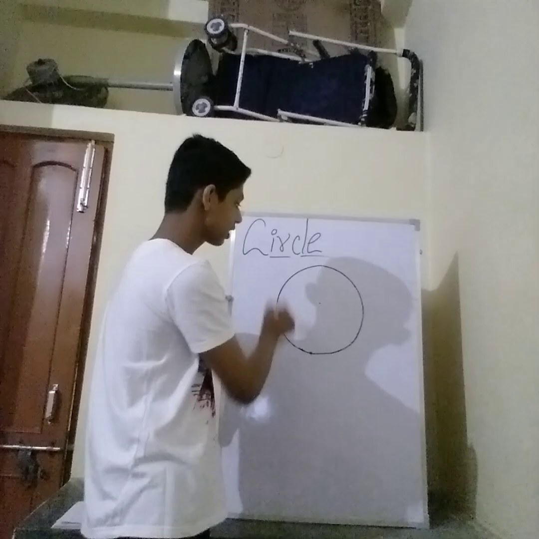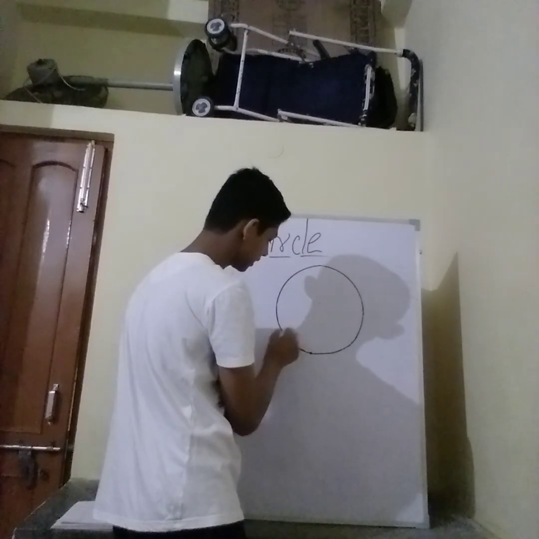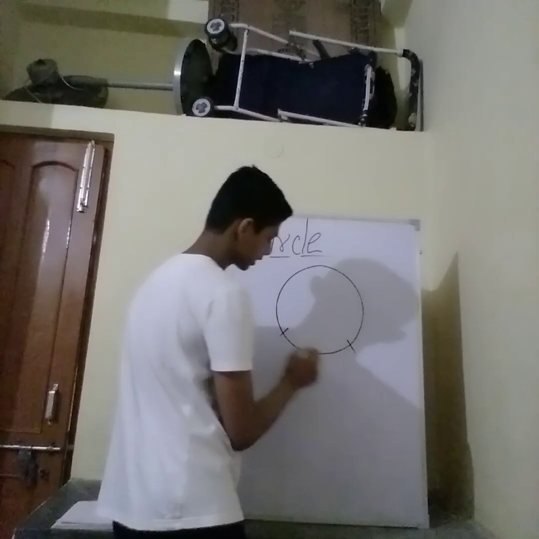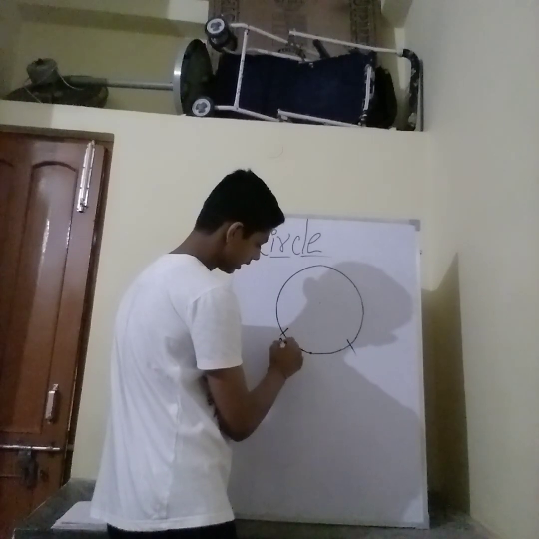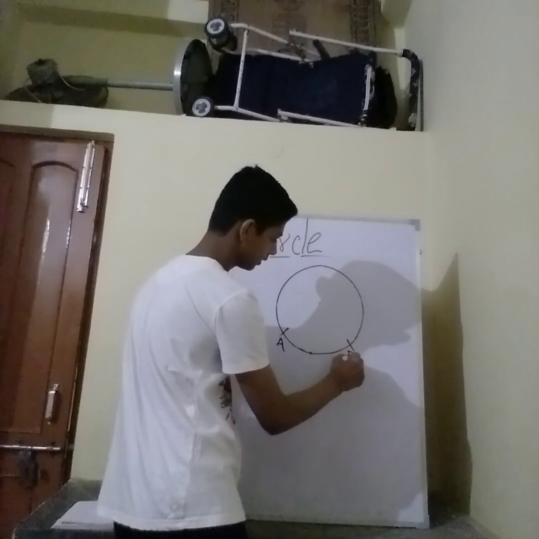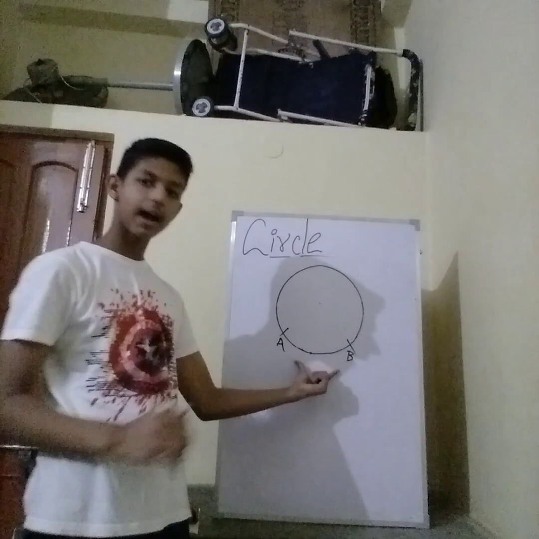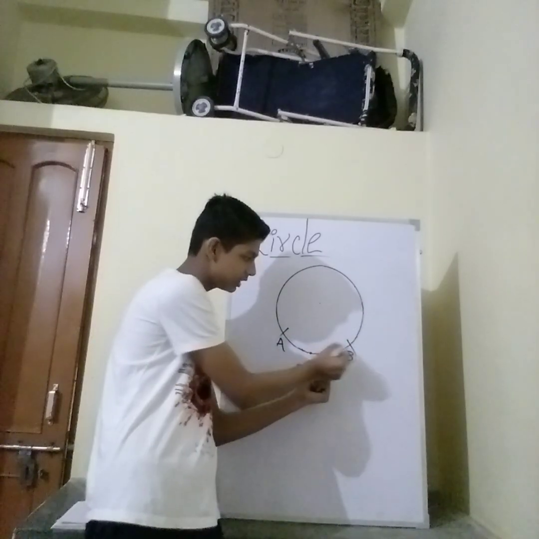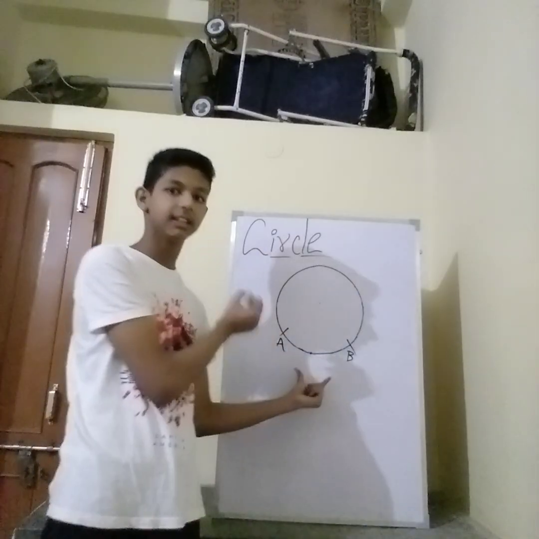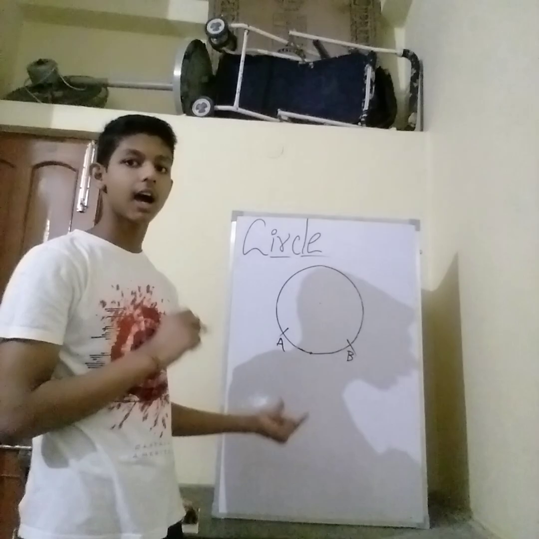This is a center. This is our circumference, and suppose this part A, B, only this part, is a part of the circumference, and this is called an arc of the circle.